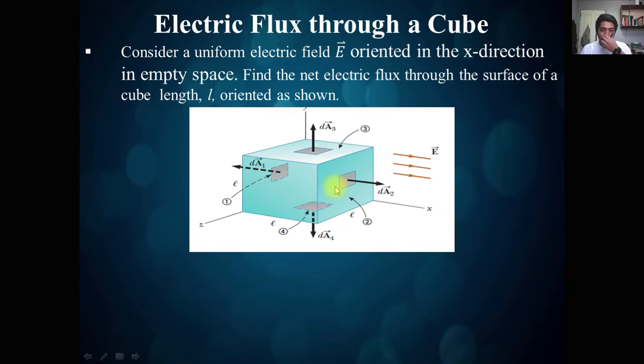We have a cube in the x, y, and z coordinates such that a uniform electric field passes through the positive x-axis, meaning from here to here.